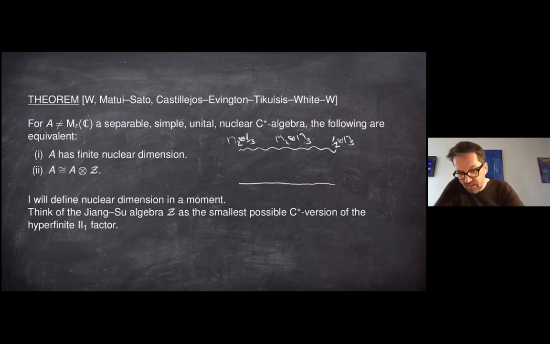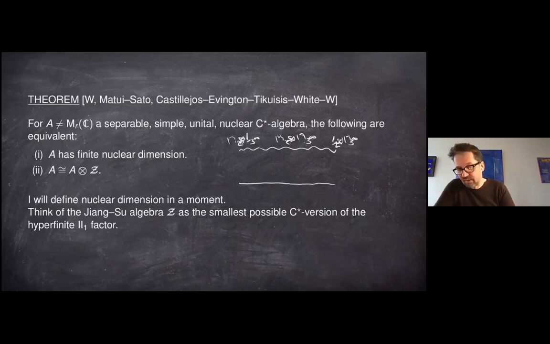And then, in fact, we don't want just M2, we want M2 infinity and M3 infinity, these UHF algebras, if you've seen them before. This is just M2 tensor M2 tensor M2, M3 tensor M3 tensor M3. And then think of an algebra like this, but a simplified version of this.